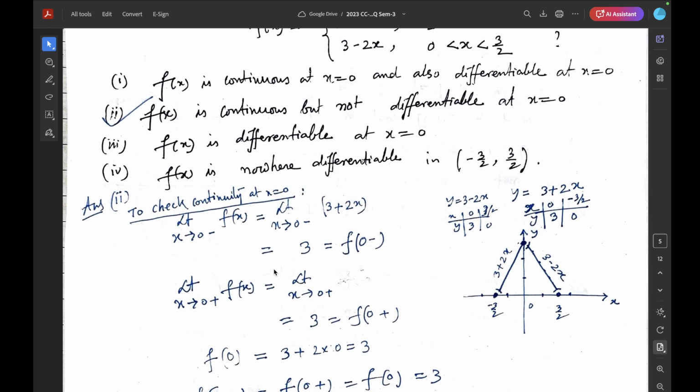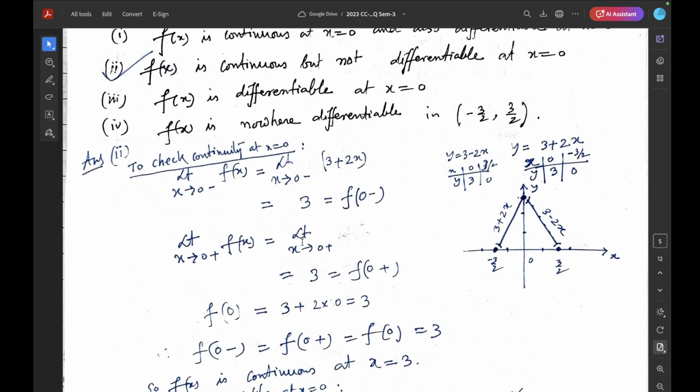Now we want to check the continuity at x equal to 0. For this, first we find the left hand limit of f of x, limit x tends to 0 minus, where f of x is 3 plus 2x, which is equal to 3. Actually this is the value of f of 0 minus 0.